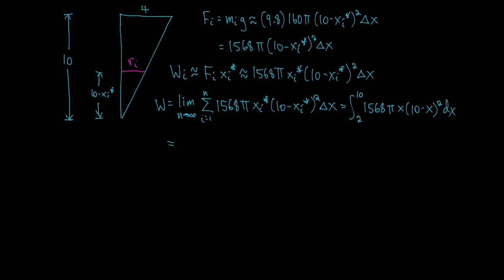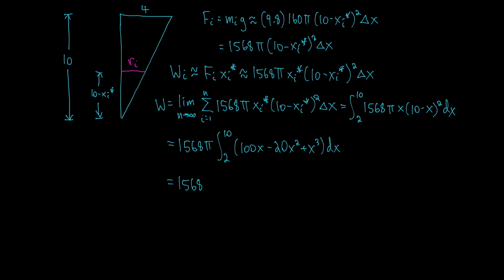It's not too bad of an integral. We can take out the 1568 pi. We're just left with the integral from 2 to 10 of the inside. 10 minus x squared times x becomes 100x minus 20x squared plus x cubed. So we do our antiderivative.